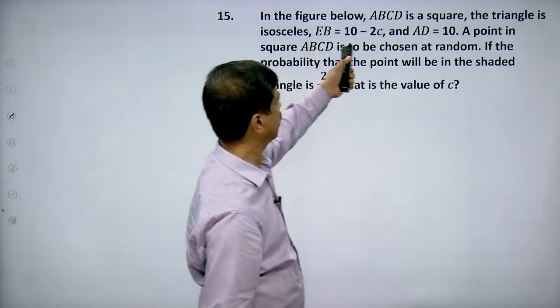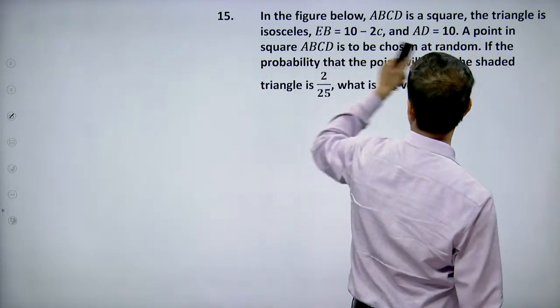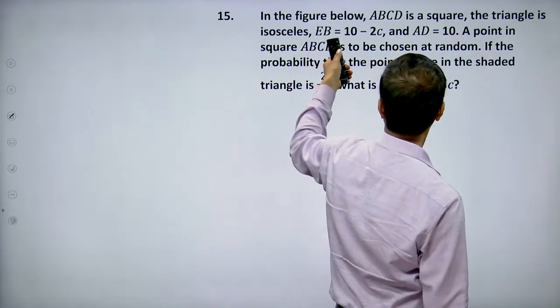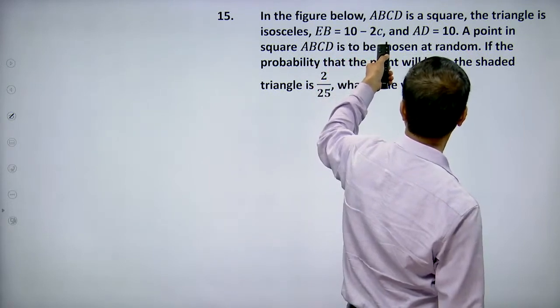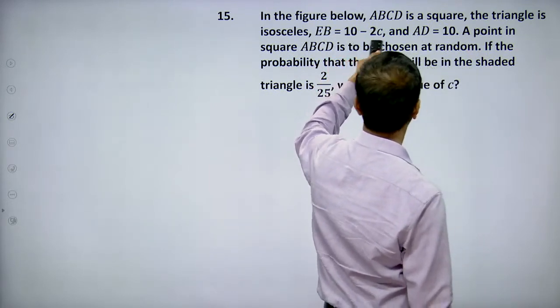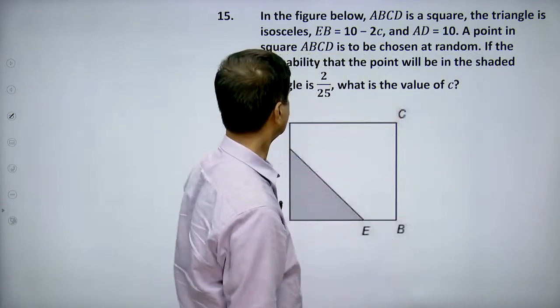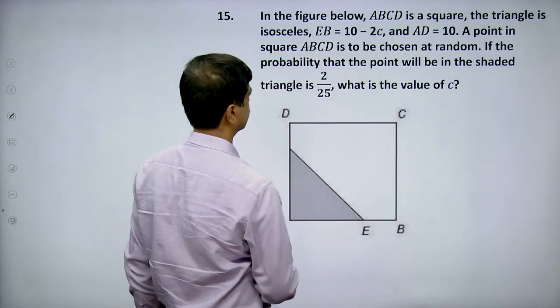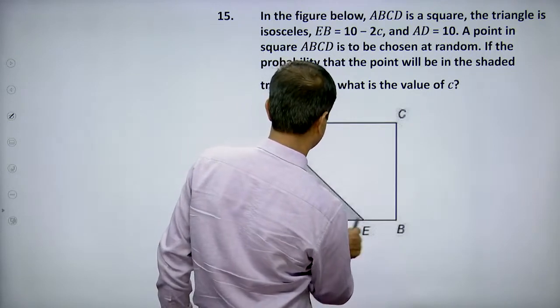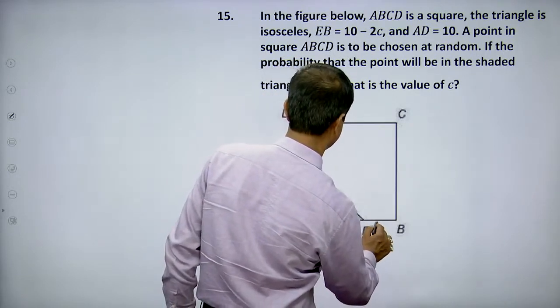In the figure, ABCD is a square, the triangle is isosceles, EB is 10 minus 2C, and AD is 10. So let's look at the diagram first. Yeah. So this is an isosceles triangle. So EB is 10 minus 2C.